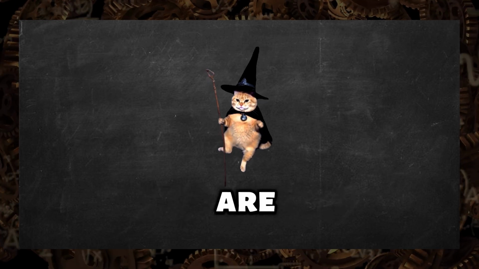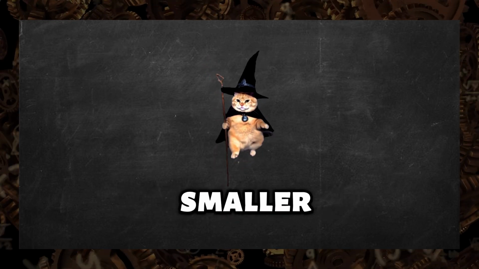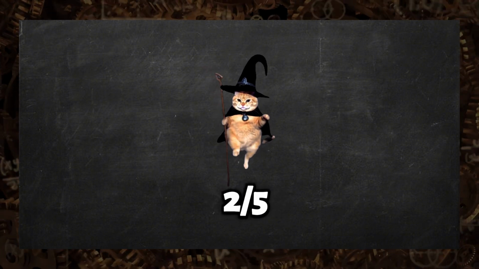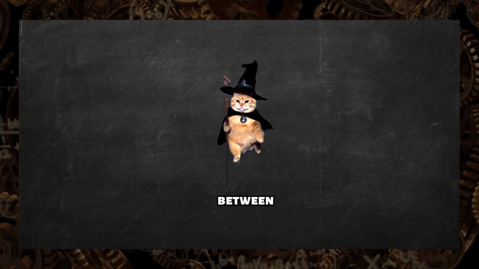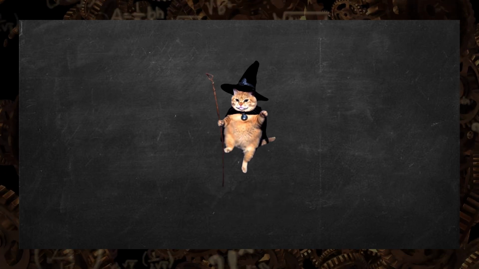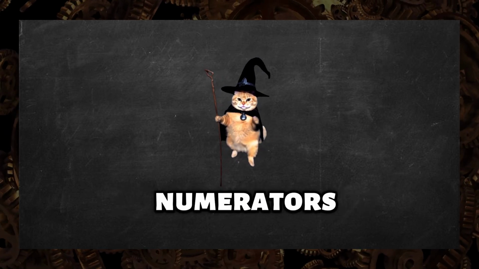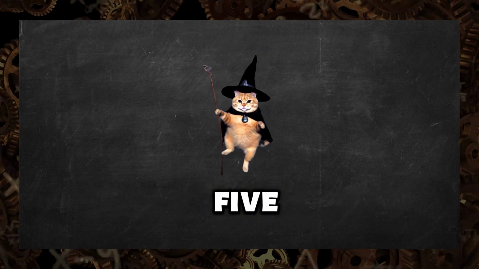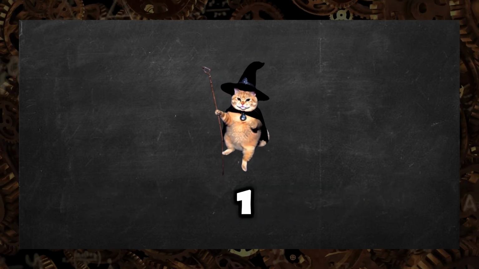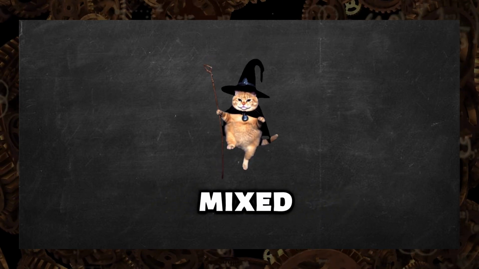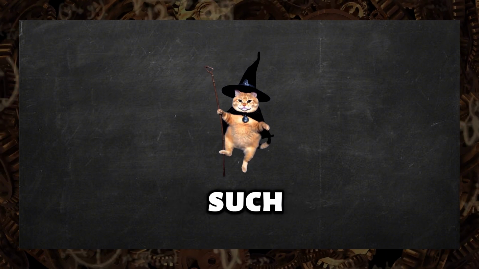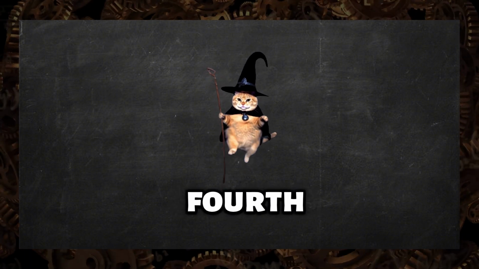Proper fractions are those where the numerator is smaller than the denominator, such as 1/2 or 2/5, always yielding values between 0 and 1, while improper fractions have numerators equal to or greater than denominators, like 5/4, which exceeds 1 and can be converted to a mixed number consisting of a whole and a proper fraction, such as 1 and 1/4.